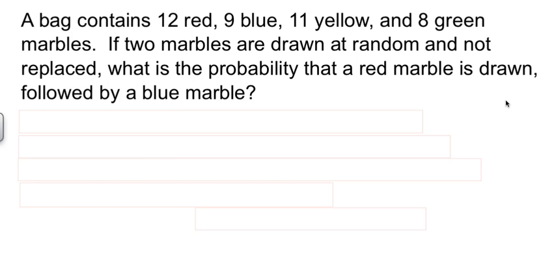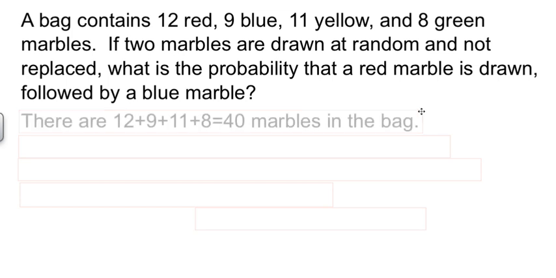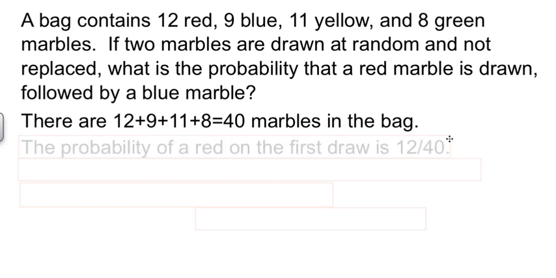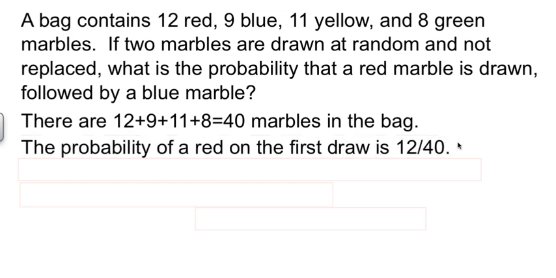If we draw 2 marbles out at random, and we don't replace as we go, then what's the probability we get a red marble followed by a blue? Since we're not replacing, we're looking at a dependent situation. We know there are 40 total marbles in the bag. 12 of those 40 are red. So the probability on the first draw is getting 12 out of 40 for red.